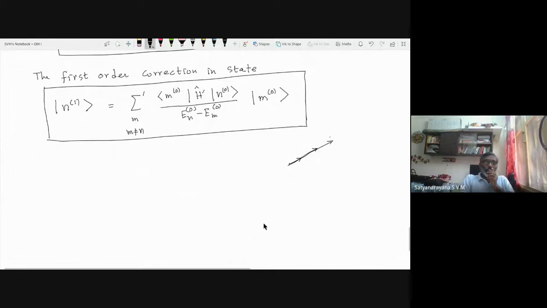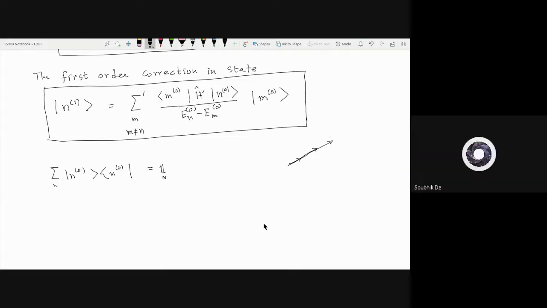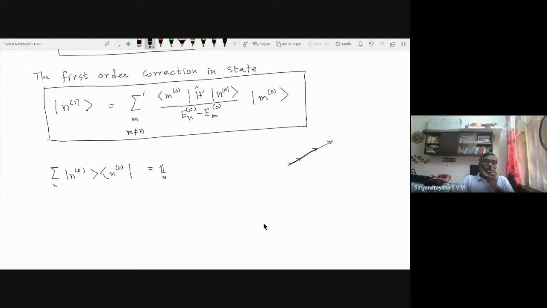When you say complete, that means when you take the sum over n of n0 and n0, this is identity. That is the completeness of this basis, correct? You are saying that if you remove n0, it will not be complete. Yes, that part is correct.